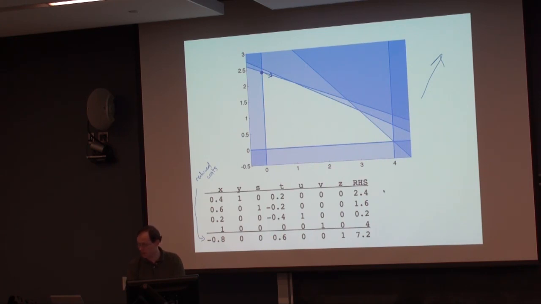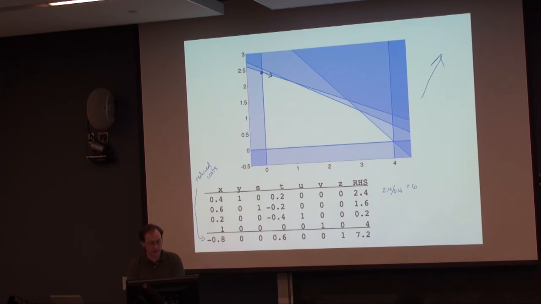So the distance we can increase x is going to be 2.4 over 0.4, which is equal to 6. So we'll be able to increase x as far as 6 before we run into infeasibility according to this constraint.